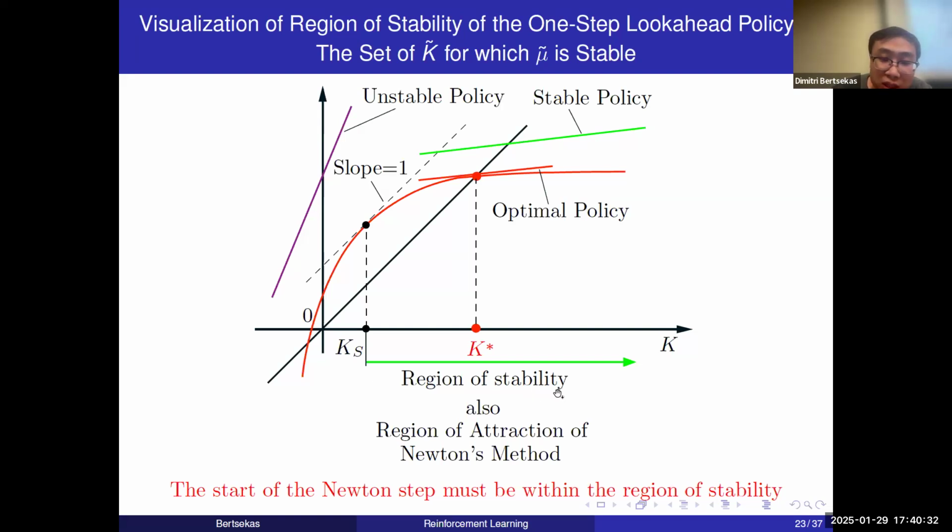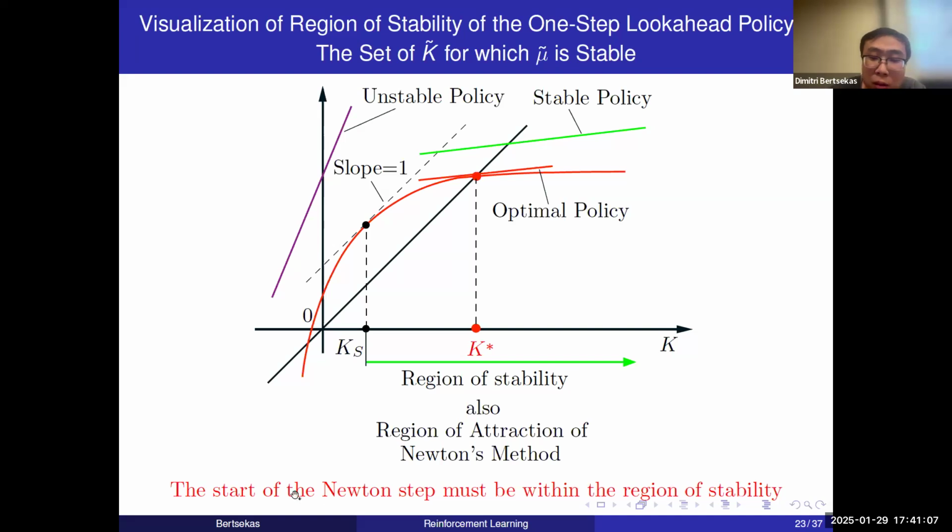And the region of stability, in fact, is a ray starting from this point onwards. Starting from this point, K S, moving to the right, all the points on this ray belong to the region of stability. The reason is, as you can see in this figure, if we pick some point here and draw the tangent line, its slope is going to be smaller than 1.